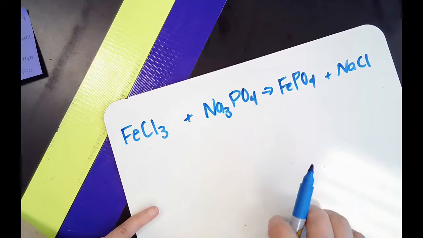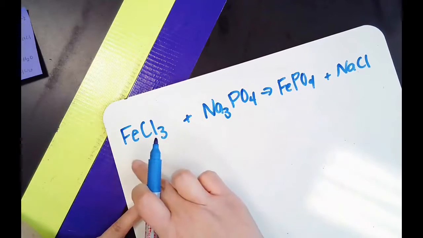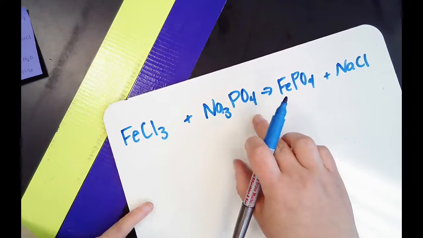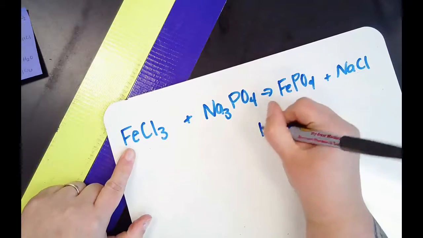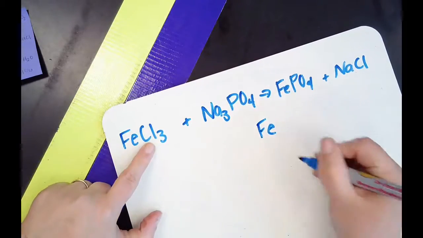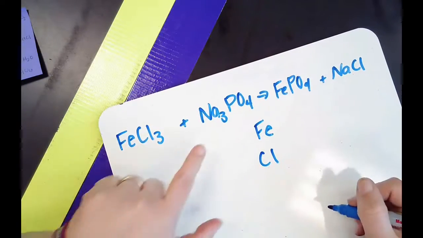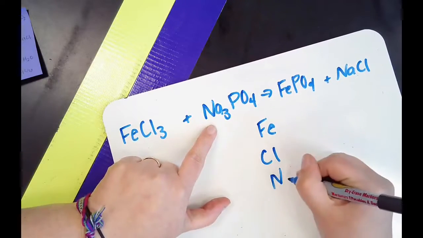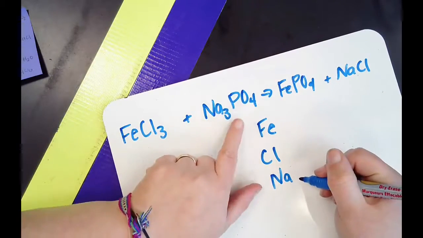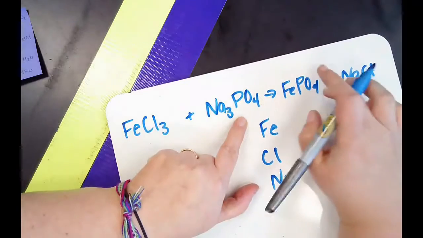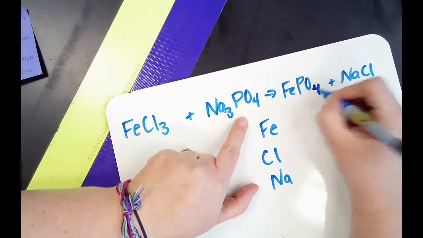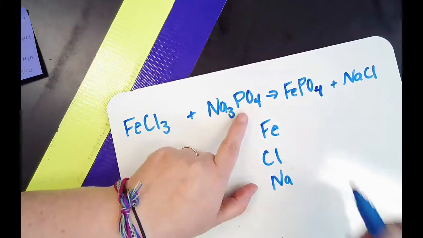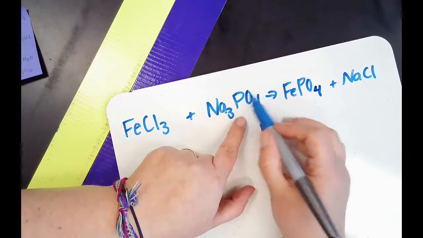Let's try this one. First, I'm going to list the atoms that are involved in the equation. Here is iron, chlorine, sodium, and then I want to show you guys how you can do this. Let me clean that 4 up, it wasn't nice. How we can do these, what we call polyatomic ions.